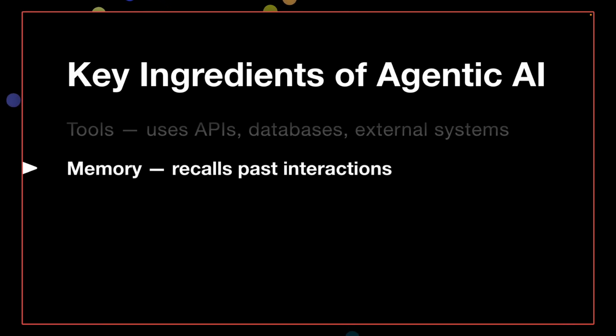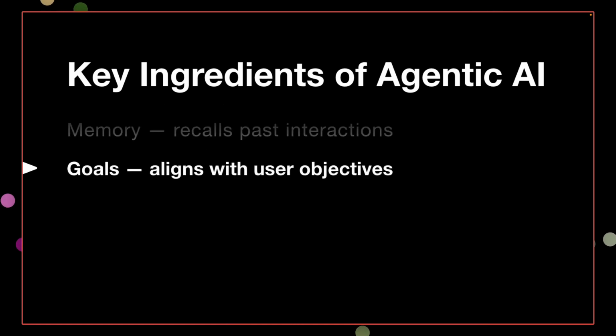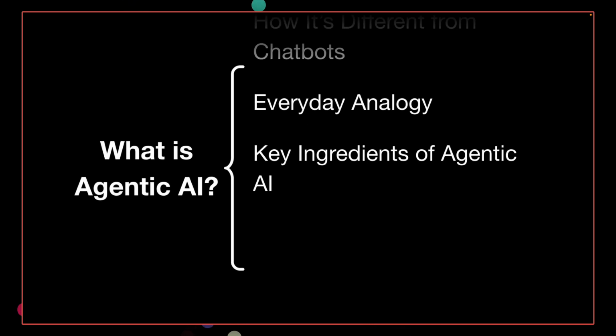So it can remember what has happened in previous interactions. And lastly, the core key ingredient is the goal, which means it always aligns the task with the user's objective or intention. So these are the key ingredients which make an AI agentic.